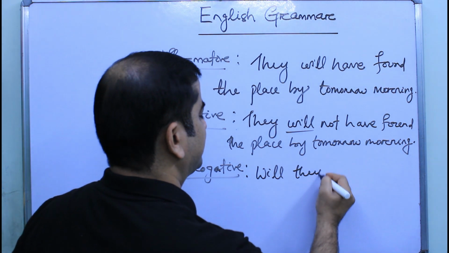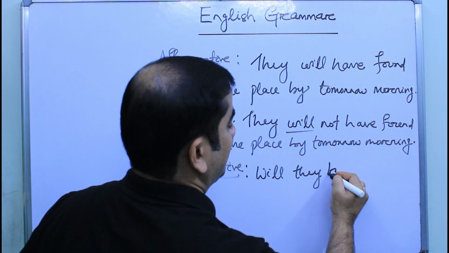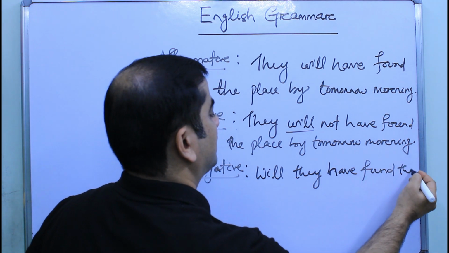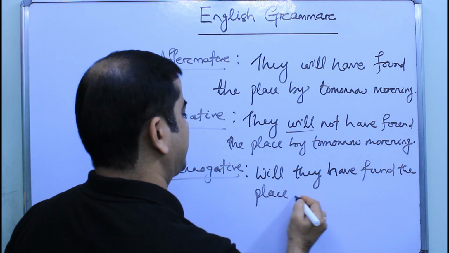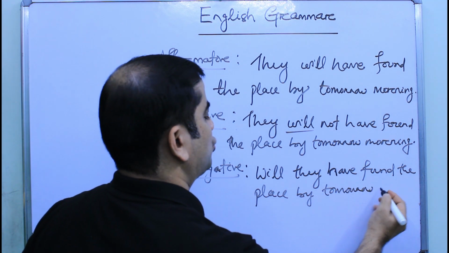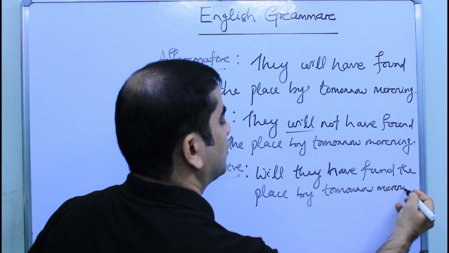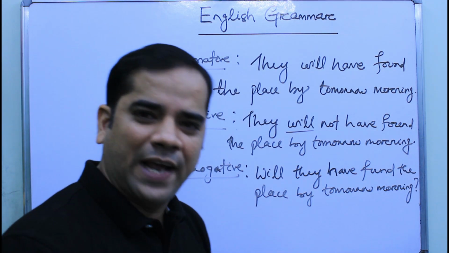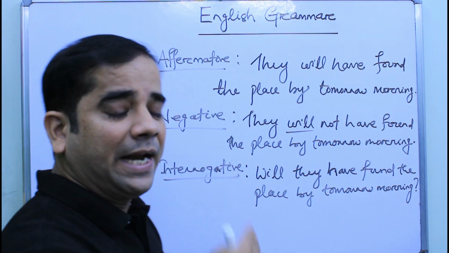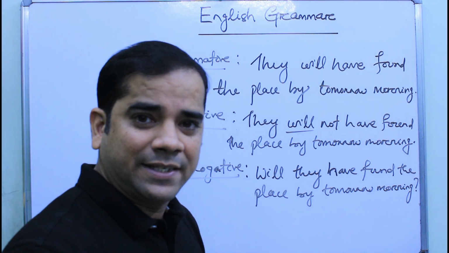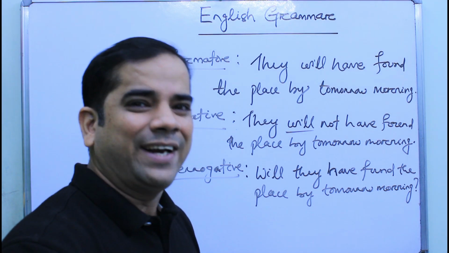Will they have found the place by tomorrow morning? Okay, so in this way we can form the negative and interrogative sentences out of any affirmative sentence in case of future perfect tense.